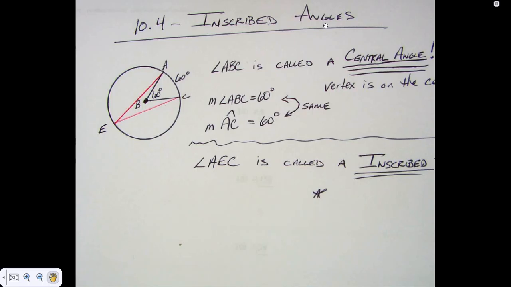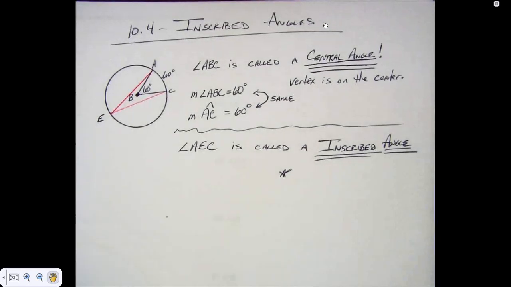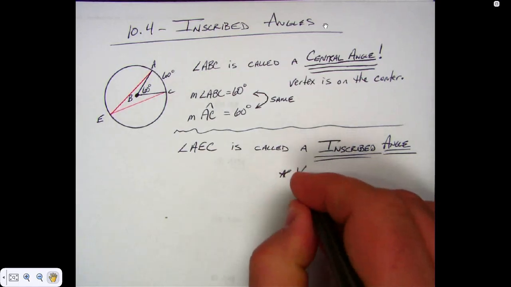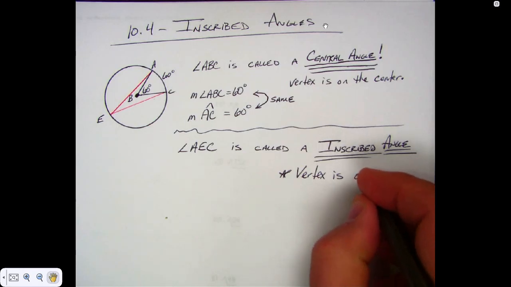What do you think separates it from the central angle? What makes it different? It's on the circle, not in the circle. Vertex is what? On the circle.